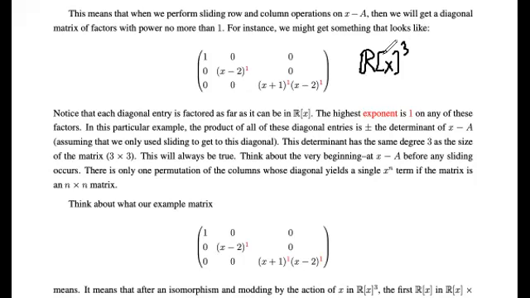So instead of R3, we think of polynomial ring 3. And we're modding out by the action of the matrix X.